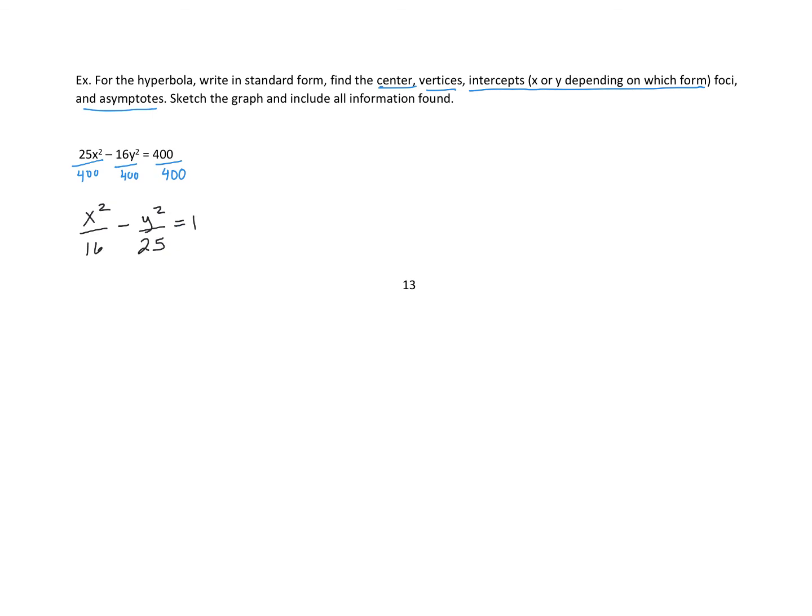And for me personally, even though I could find everything without sketching, it's easier for me to sketch this. So I know that my center is 0, 0. So we're right here at the center. In the x direction, I'm going to go 4 because 4 squared is 16.